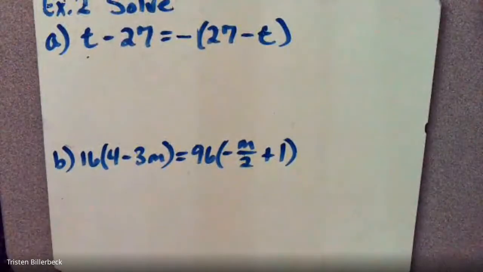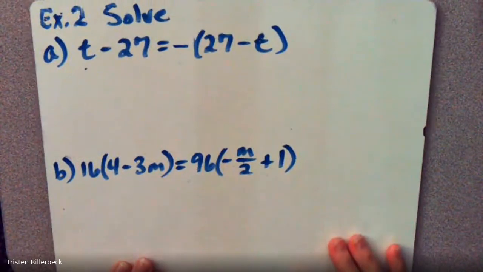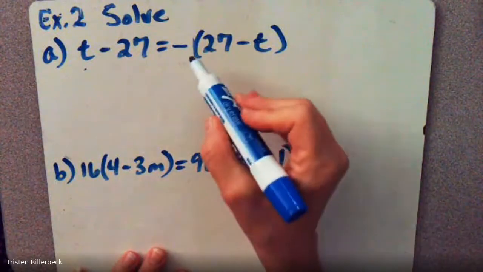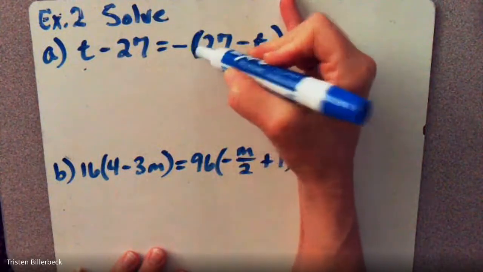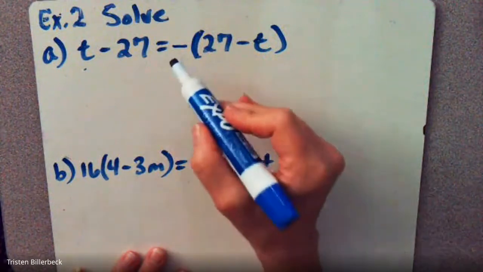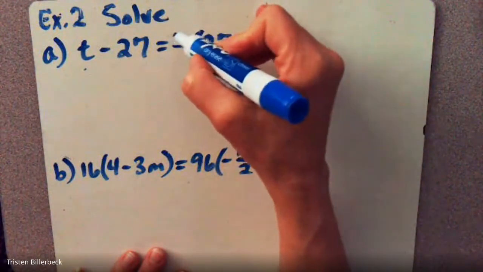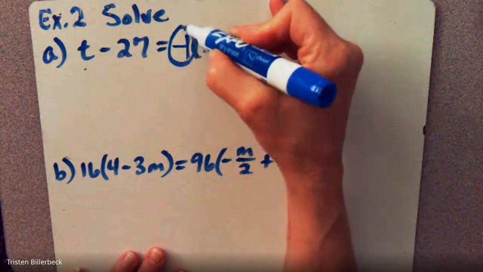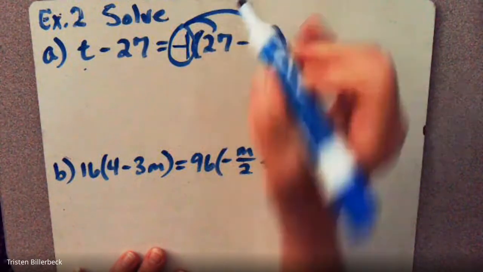All right, let's go to this one. We have t minus 27 and an innocent little negative out here. So we have to actually remember that that's negative 1, and we're going to distribute it to both terms.